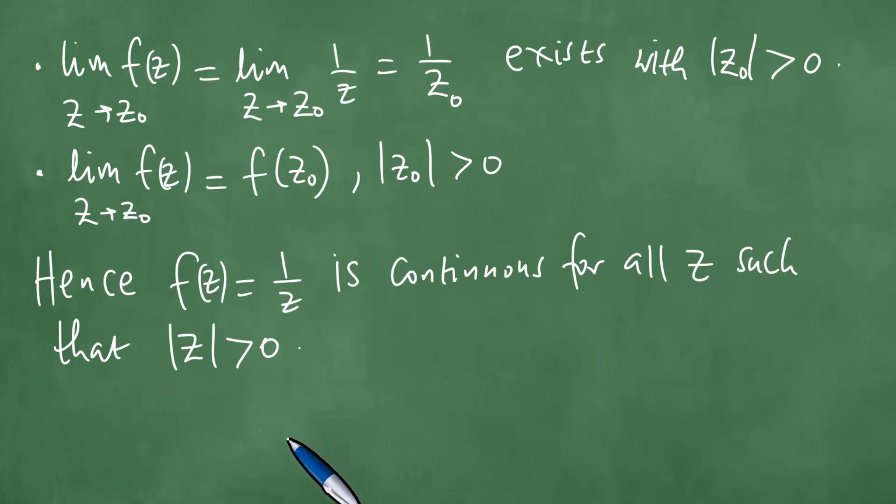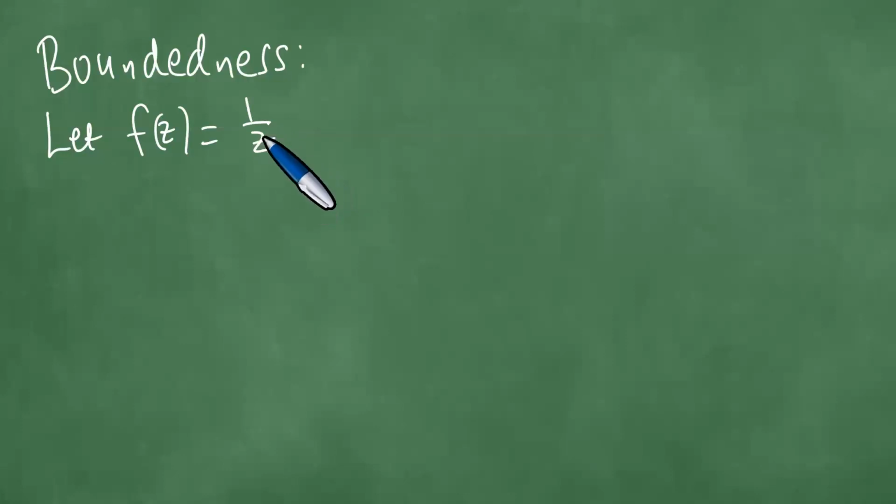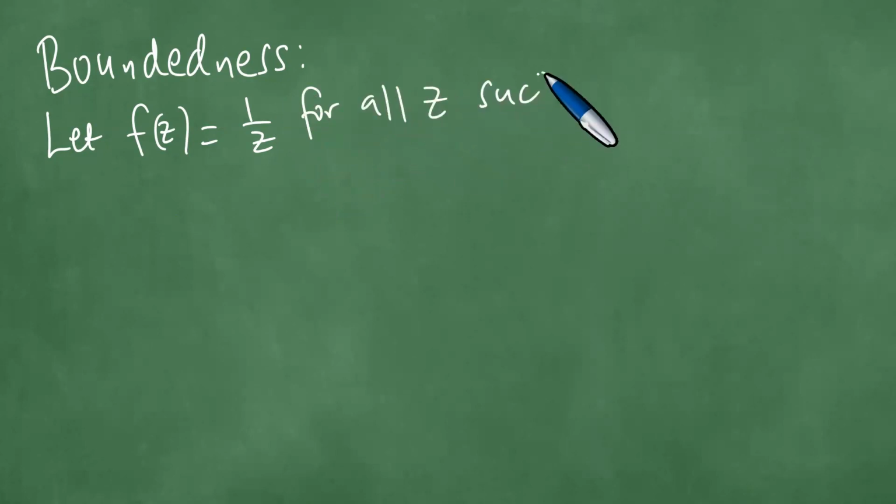The next thing is to focus on the boundedness part of the 1 over z function. How do we focus on the boundedness? We let f of z equal 1 over z for all z such that mod z is bigger than 0.